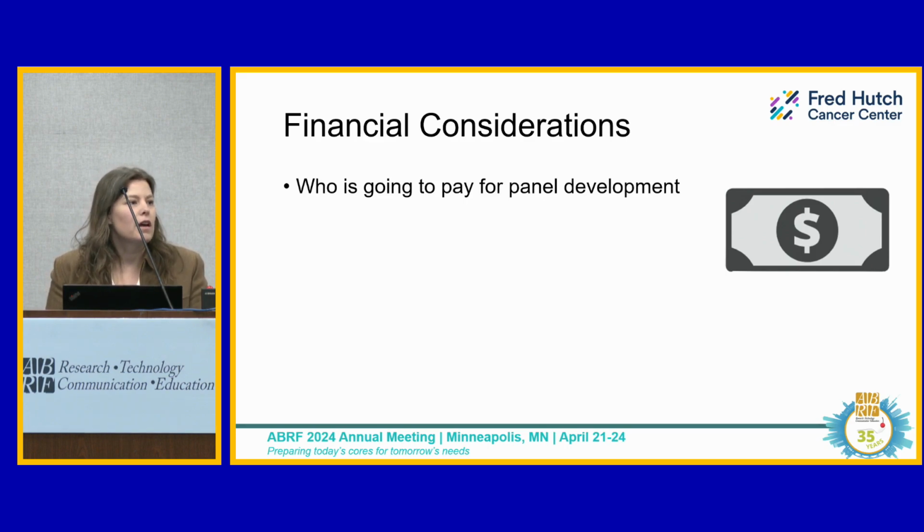Is this something where perhaps you've got some historical knowledge that already exists within your institution and you can bring that into your core in the very beginning? Or is this something where you're going to have to find some investigators who have an interest and are willing to help fund some of the early development of these panels for use in their research projects?